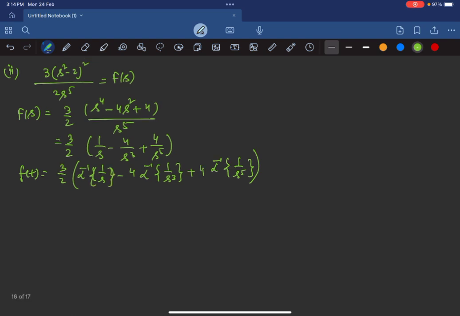Okay, fine. Now you have that formula, that is Laplace of t^n equals gamma(n+1)/s^(n+1). Apply this formula.